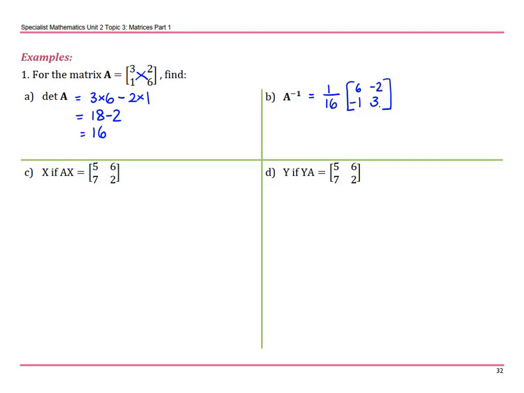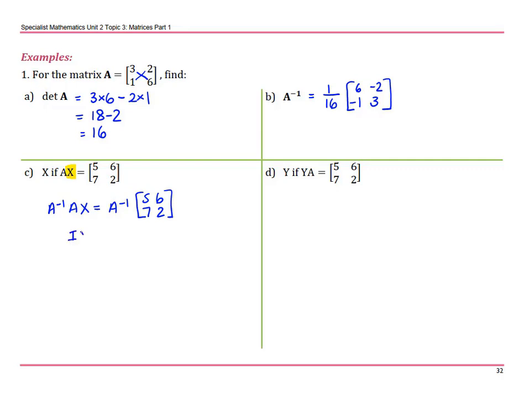Our next step is find x if AX equals the matrix 5 6 7 2. So we need to get this x on its own, so it means we need to get rid of the A. So if we pre-multiply, the inverse of A times by AX is going to equal, do the same thing on the other side, the inverse of A times by the matrix 5 6 7 2.